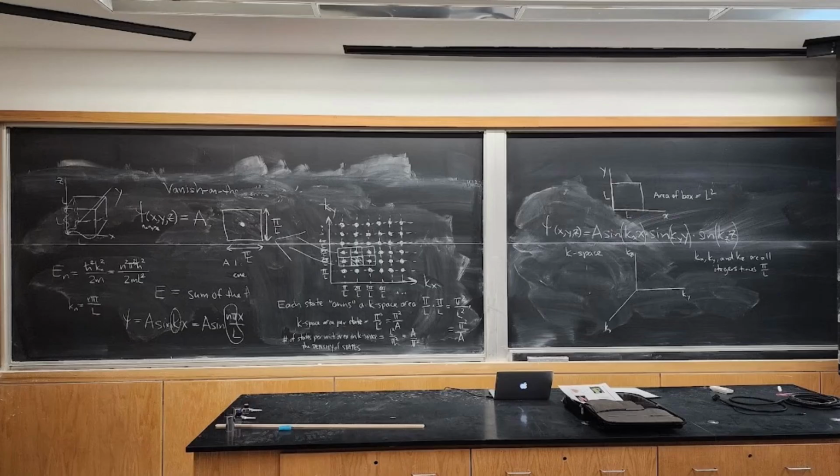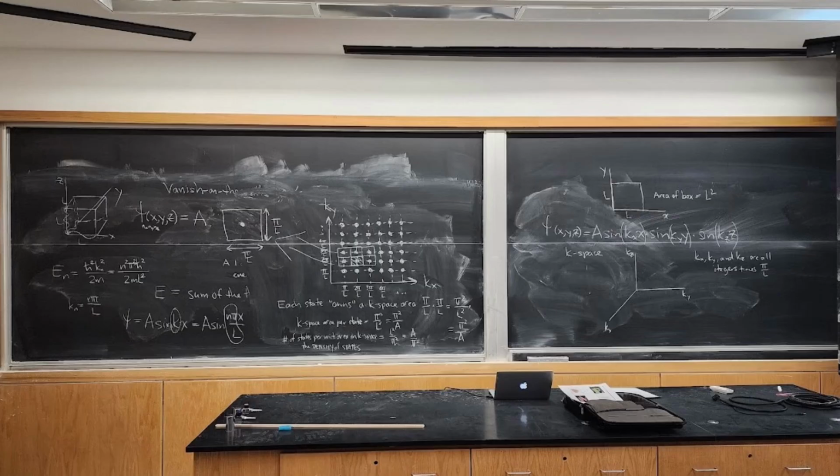So, the number of states per unit area in K space is, well, if the K space area per state is pi squared over A, what is the number of states per unit area? Right?